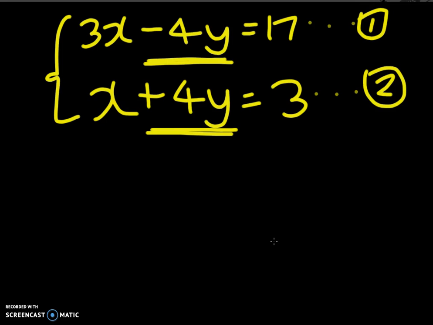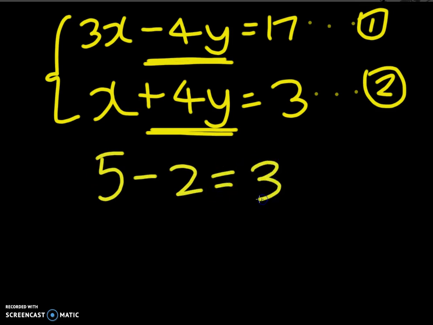This is not compulsory, but if you really want to be sure you got the correct answer, you can always check back, because in an equation question, it's very hard to get it wrong, because you can always substitute your answer back inside the original equation and see whether it's true. So 5 minus 2 equals, we get 3, yay!